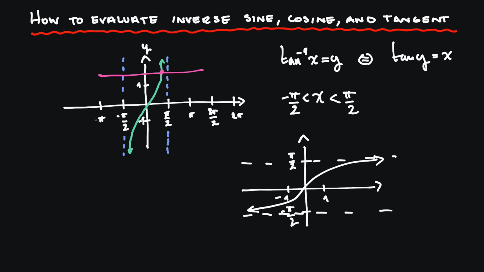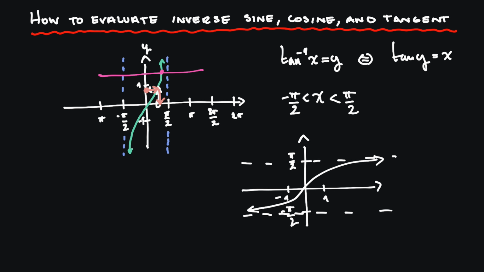Because if you think about it, if you take one value here as an input, you get an output here. So if you're trying to do the inverse, then you will have an input here, and you're going to get your output back here, and that's why everything just flips.